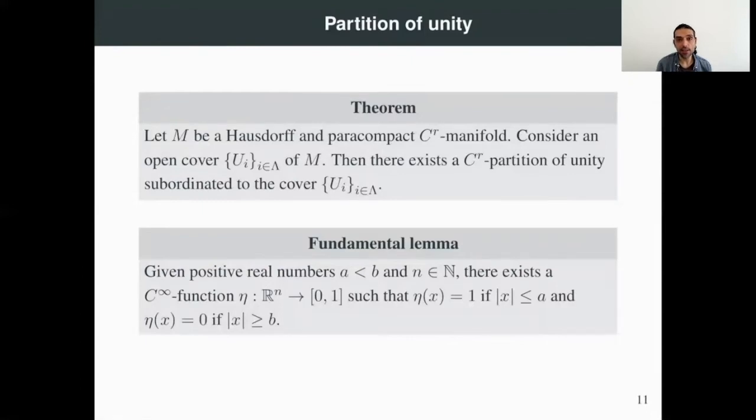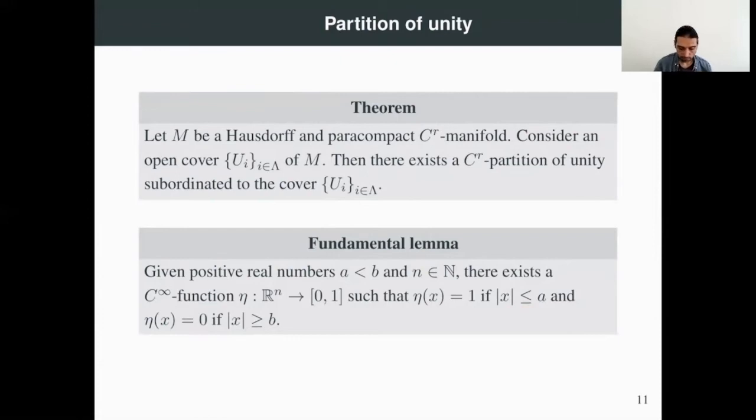This is an analysis result, and it says the following: given positive real numbers a and b and a natural number n, which is just the dimension of the Euclidean space we're working in, there exists a C-infinity function eta from R^n to the closed interval [0,1] such that eta is equal to 1 on the closed ball of center 0 and radius a, and it is equal to 0 outside of the open ball of center 0 and radius b.